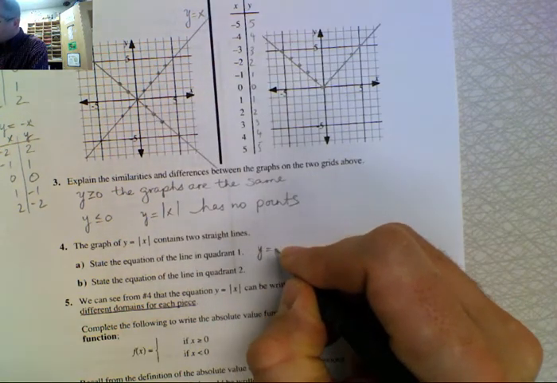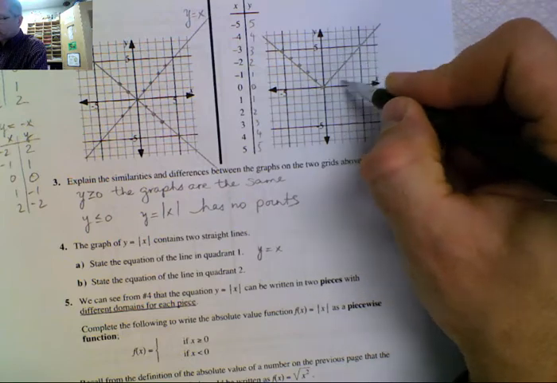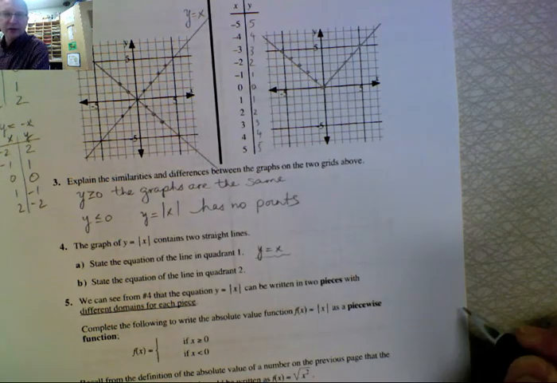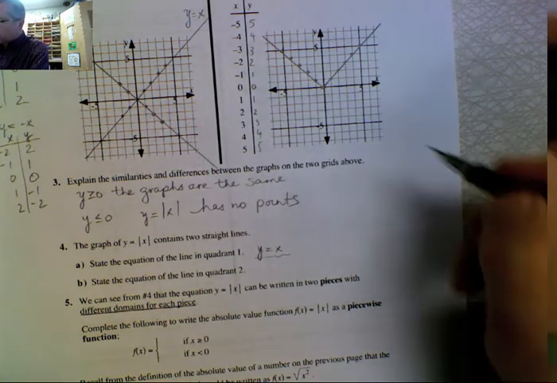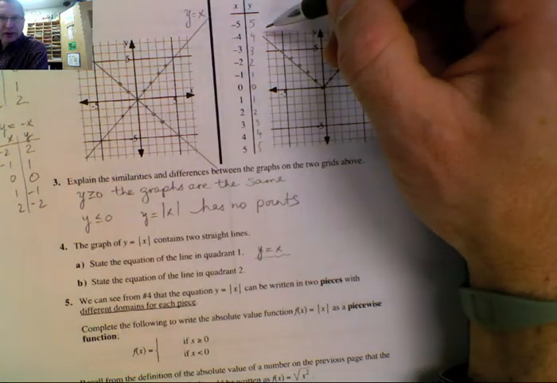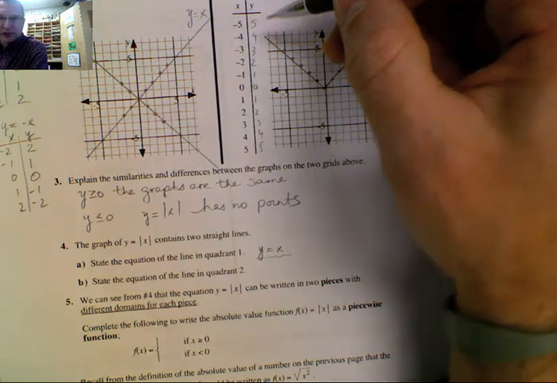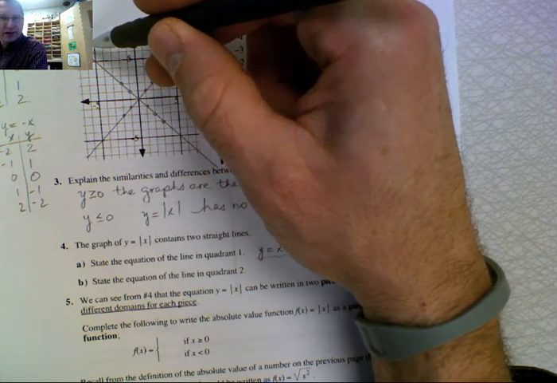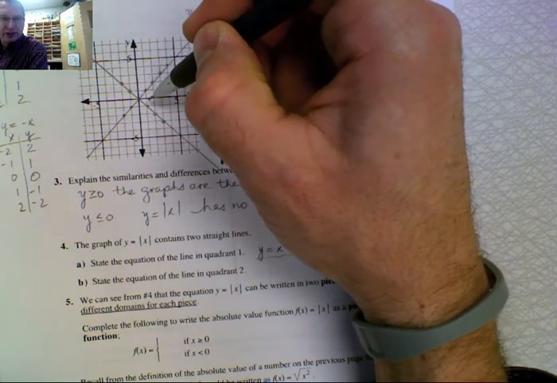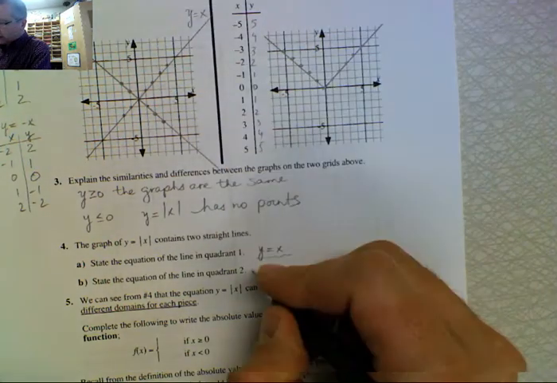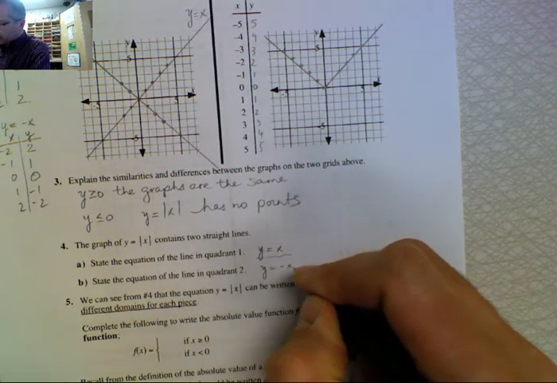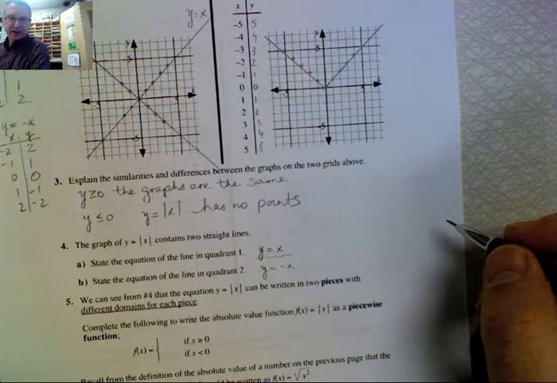So in quadrant 1, the absolute value graph is made up of the line y equals x. If we go to quadrant 2, this portion of the absolute value graph is sloping downward, just like this downward sloping portion in our left-hand graph. So the equation of that portion is y equals negative x in quadrant 2.